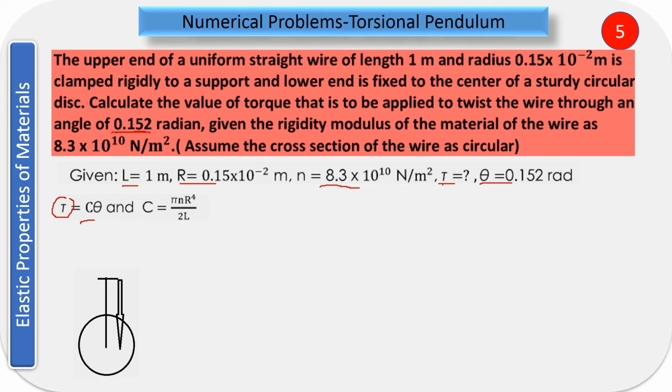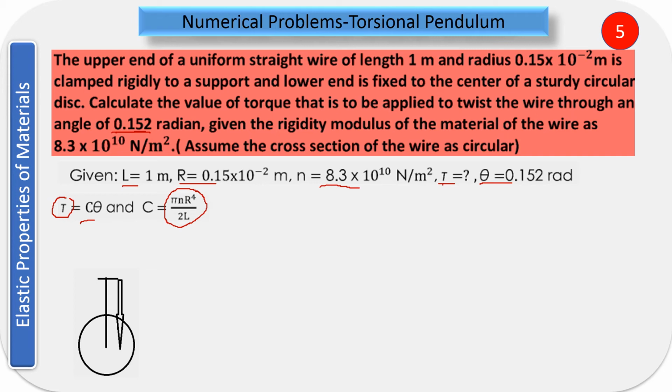Now C is couple per unit twist, and we have already derived this value. The value of C is equal to pi eta r to the power 4 upon 2L, where r is the radius of the wire and L is the length of the wire which is going to be twisted.